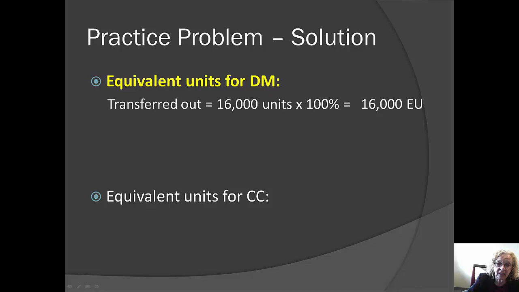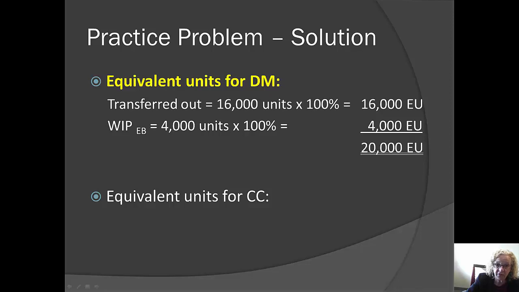What about the units that didn't get done? There were 4,000 physical units, but we know that this firm adds its materials at the beginning. So even though these units aren't finished for conversion, they are finished for materials. They represent another 4,000 equivalent units for materials. Altogether, that means the firm had 20,000 equivalent units for materials.